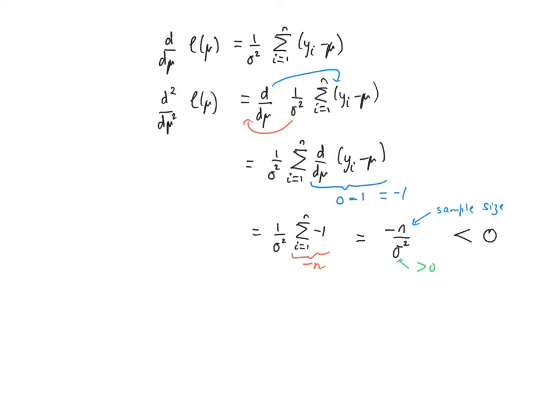So the second derivative of the log likelihood function is negative, and that's exactly what we wanted, because we now know that the second derivative of the log likelihood function evaluated at the point mu hat, the sample mean, is negative, and that means that mu hat in fact does correspond to a maximum.